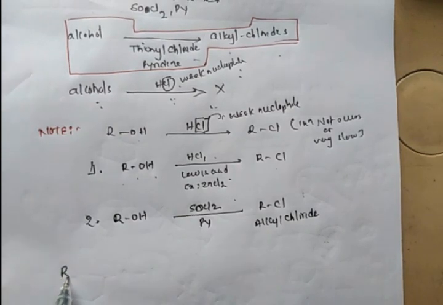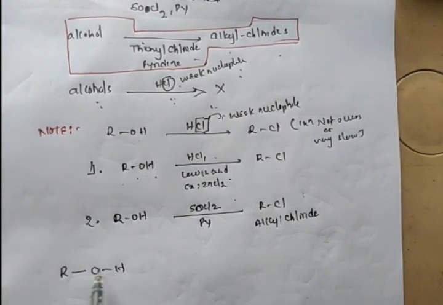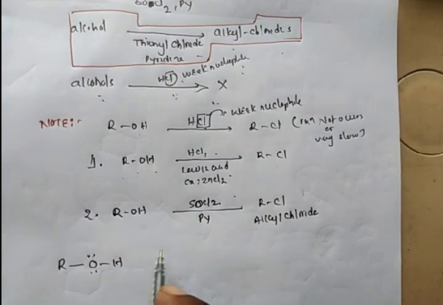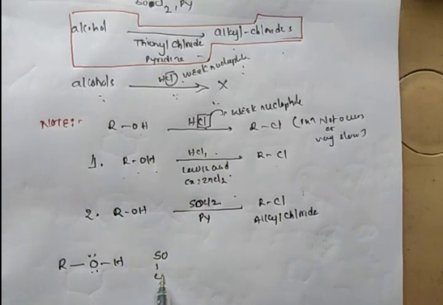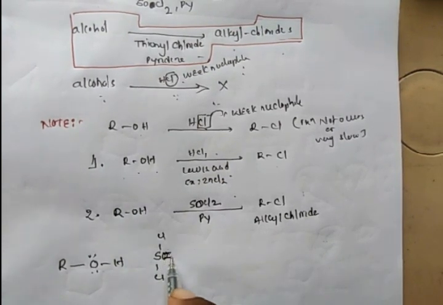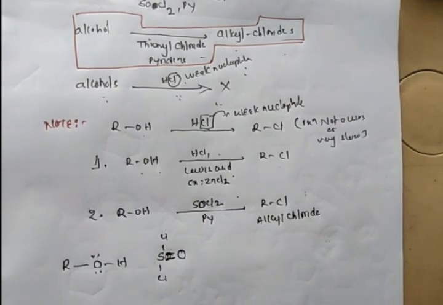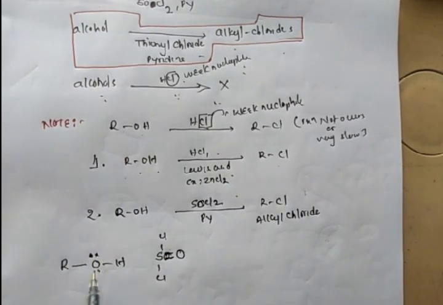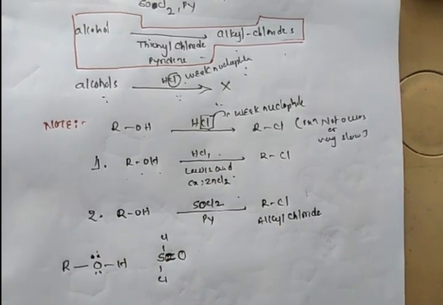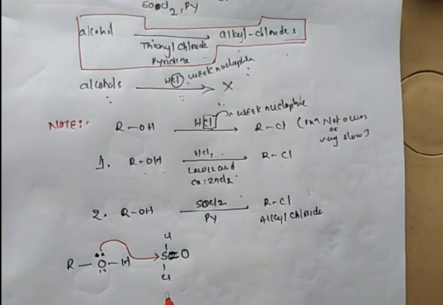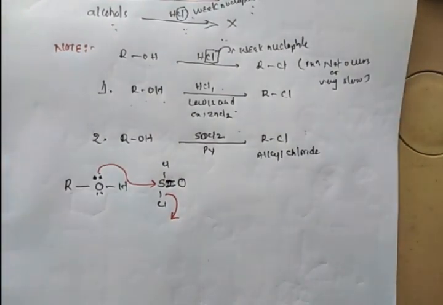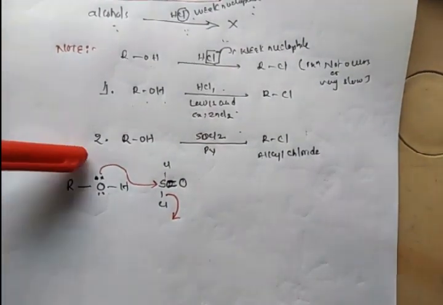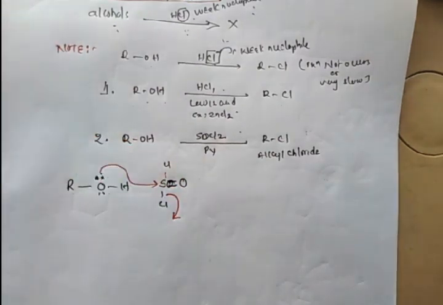Whenever you treat an alcohol with thionyl chloride, SOCl2, written as Cl-S double bond O, the electronegative oxygen atom attacks this electropositive sulfur atom.